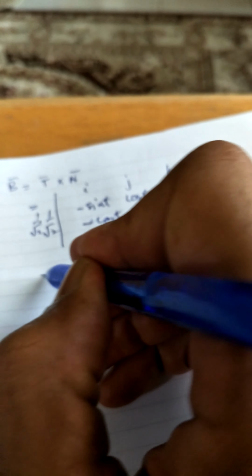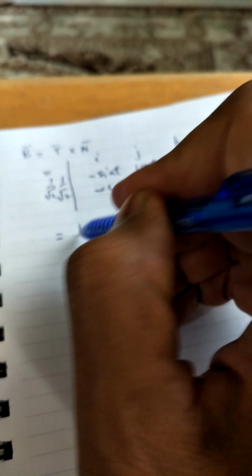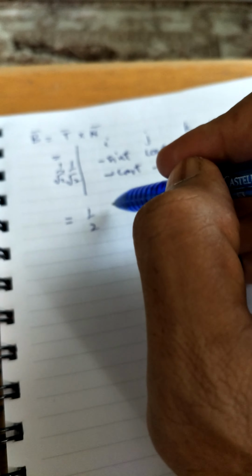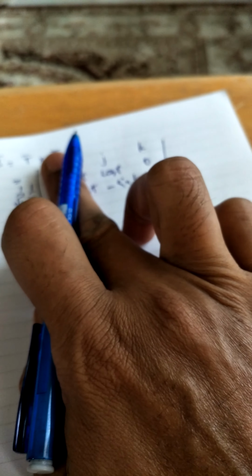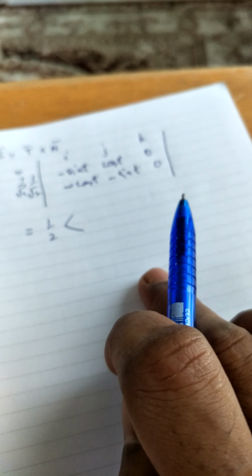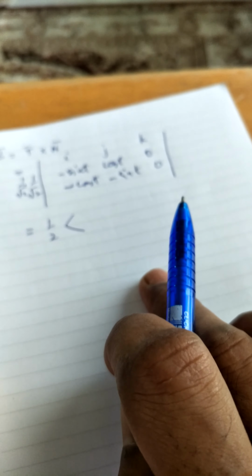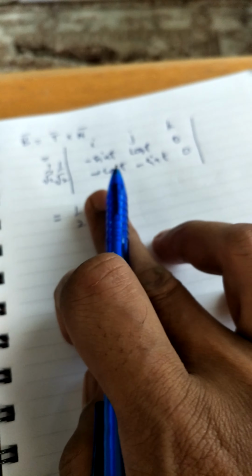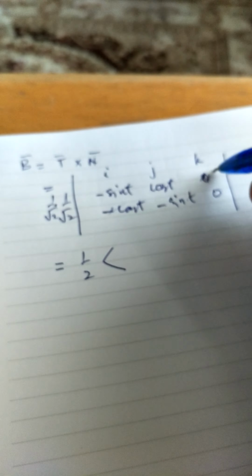So therefore we have 1 over root 2, that one is, so vector got 0, oh no, this is 1, sorry, this is 1.